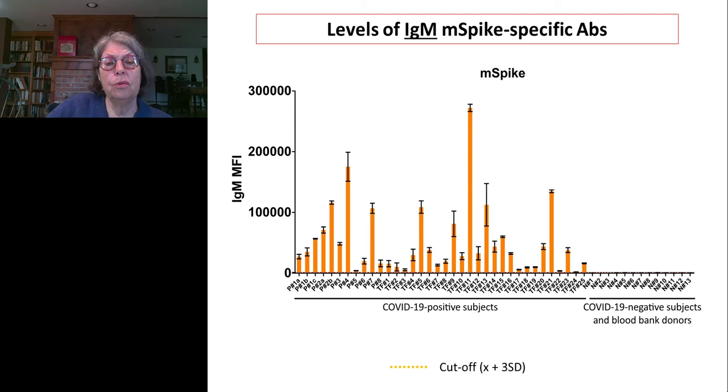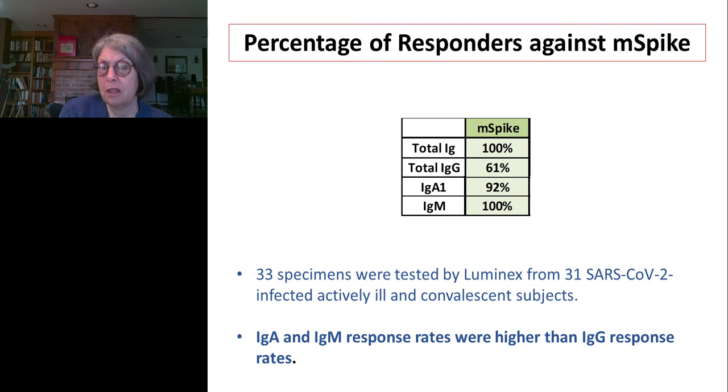So if you look at the percentage of responders, meaning individuals who are COVID infected and have antibodies to spike, if you're measuring total Ig, total immunoglobulins, which includes IgG, IgA, and IgM, 100% of them have antibodies, which you would expect.